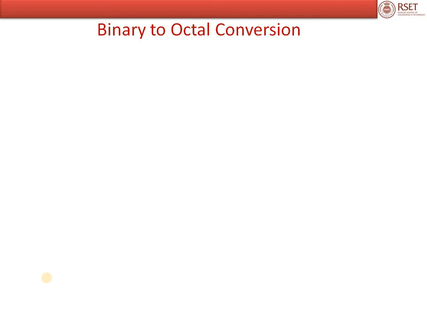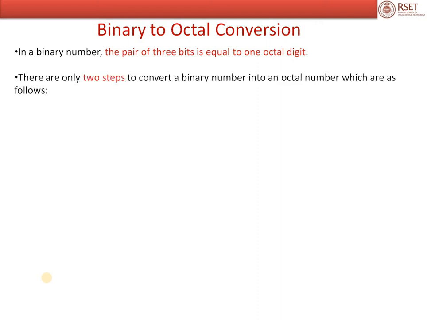Next conversion is binary number to octal number. So in a binary number, a pair of 3 bits is equal to 1 octal digit. There are only 2 steps to convert a binary number into an octal number.